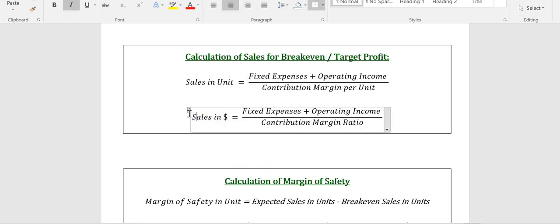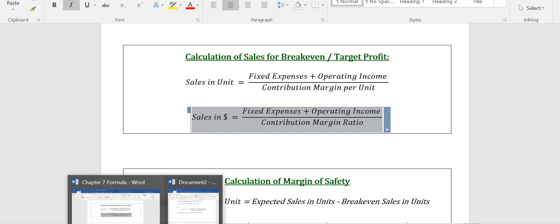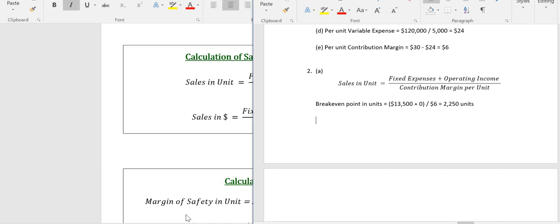I can show you the formula. So this is the second formula where we will calculate the break-even point in dollar value. I will calculate the contribution margin ratio.